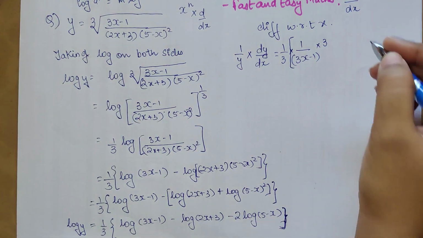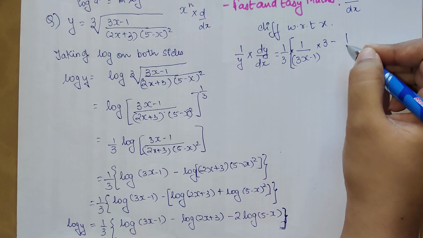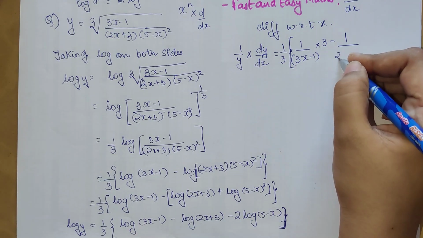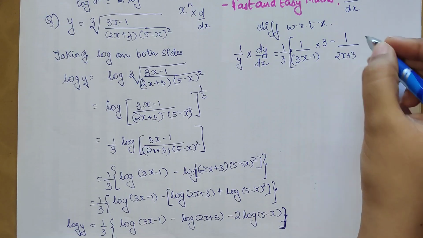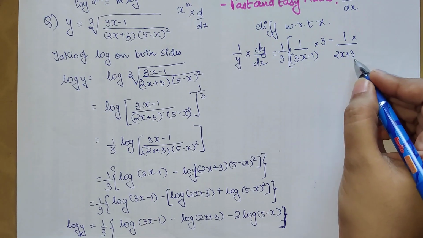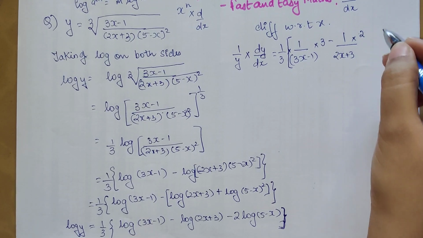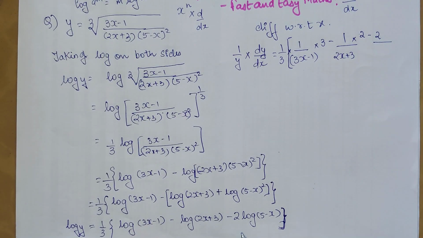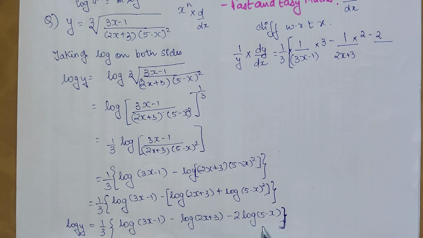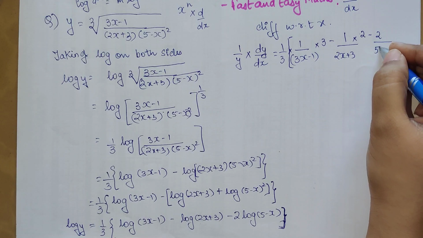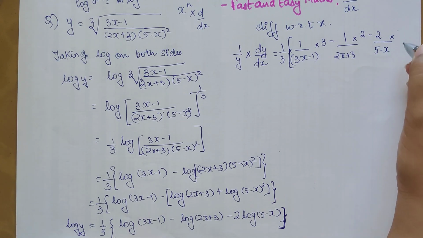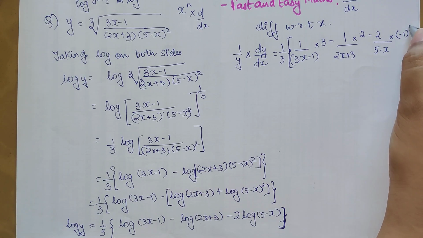Then we have minus the differentiation of log of 2x plus 3, which will get you 1 upon 2x plus 3 into the differentiation of 2x plus 3, which will just get you 2. Minus 2 upon (5 minus x), because differentiation of log of 5 minus x gets you 1 upon 5 minus x into the differentiation of 5 minus x, which is nothing but minus 1.